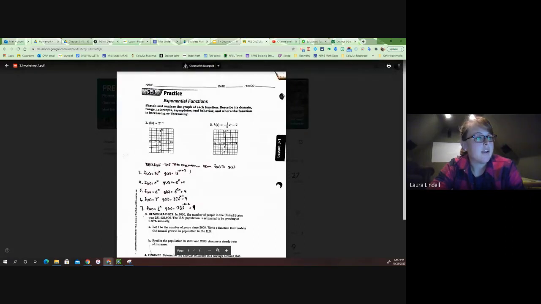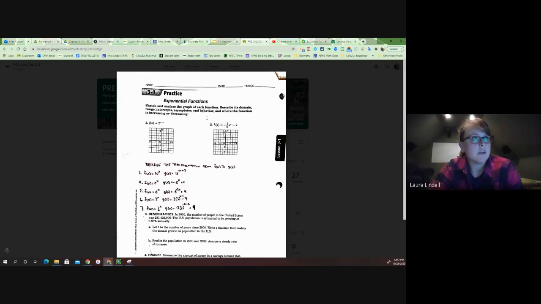So here's our worksheet. Part of it's handwritten. The first 2 are analyzing the graph of the function. Make sure you read all of this. We want to describe domain, range, x and y intercepts, depending on which it has or if it has both, asymptotes, end behavior, and then increase or decrease.